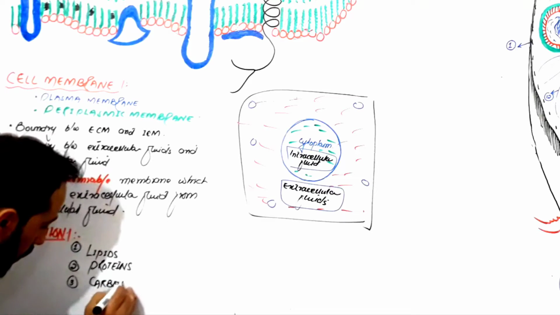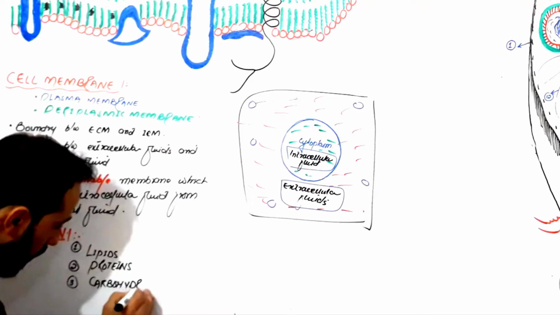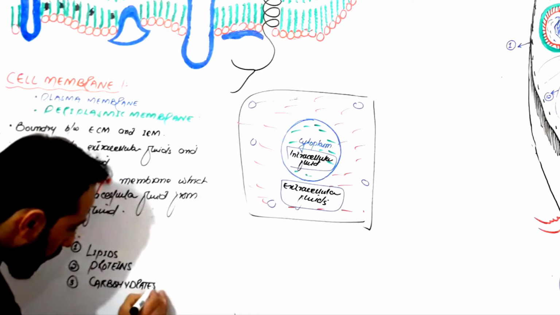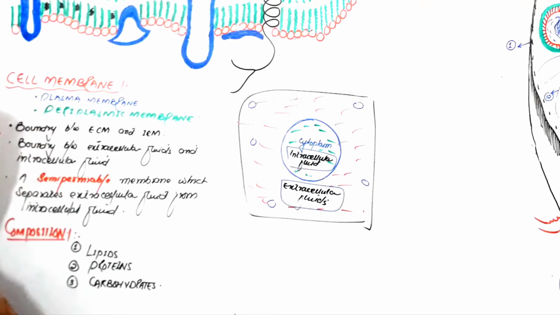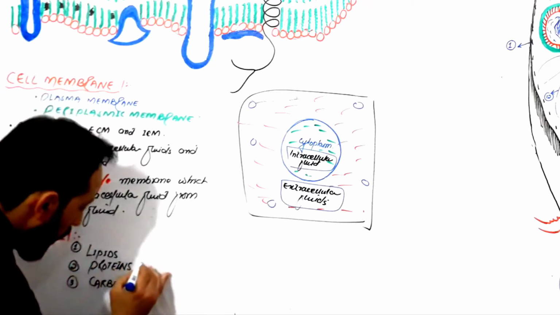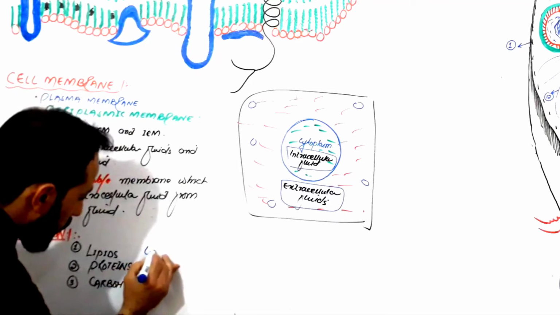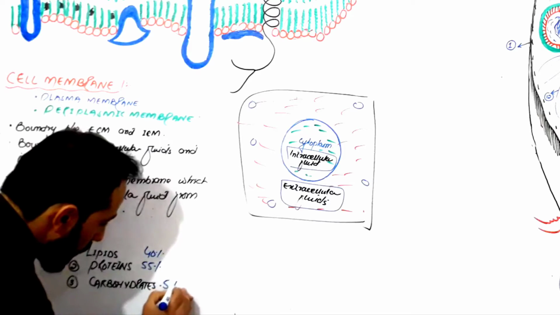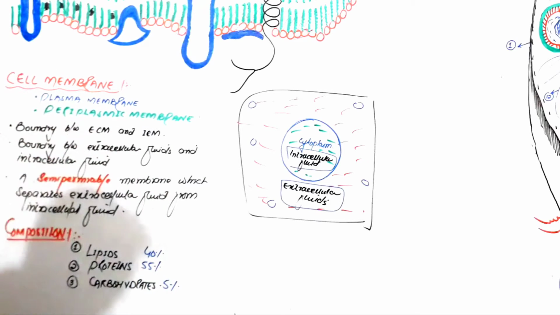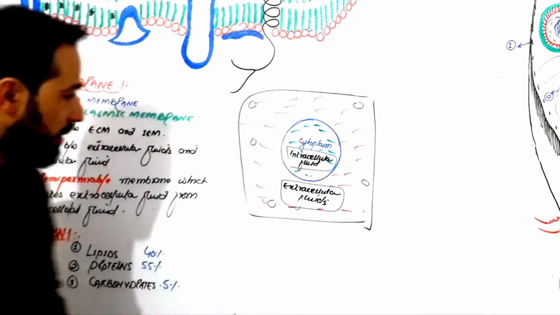Very small amount, but we should not ignore them. There are about 55% proteins, 40% lipids, and only 5% carbohydrates in your cell membrane, right?